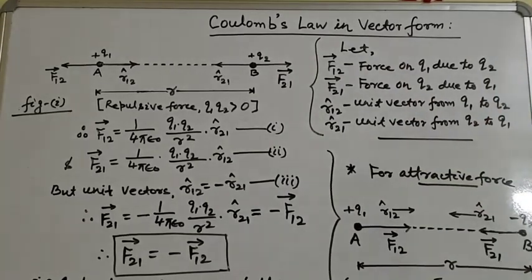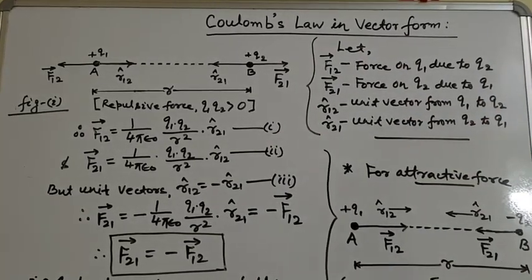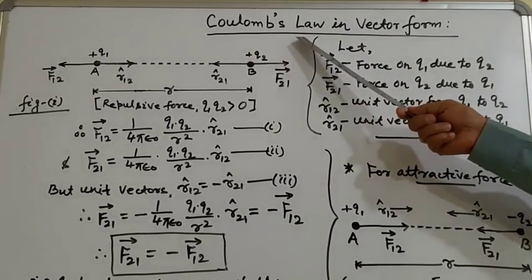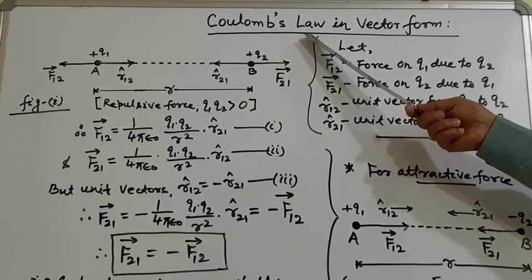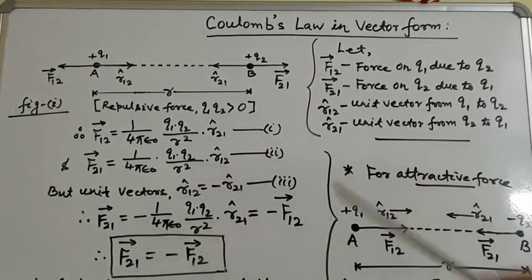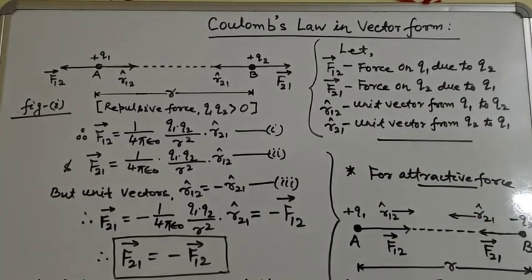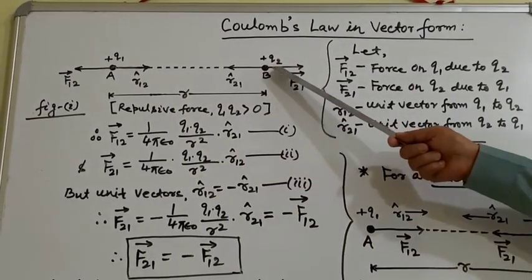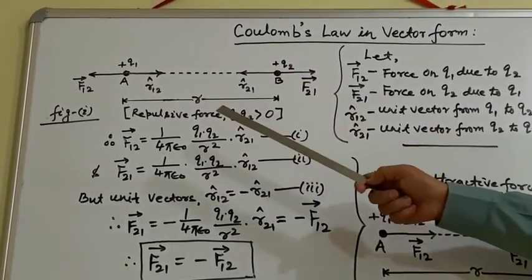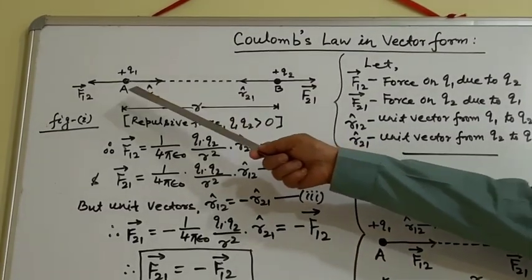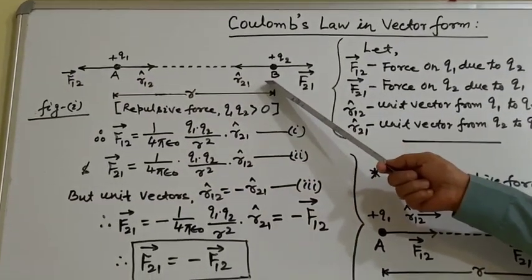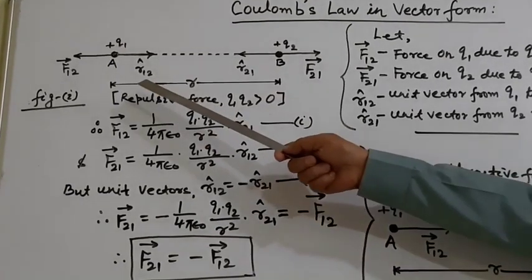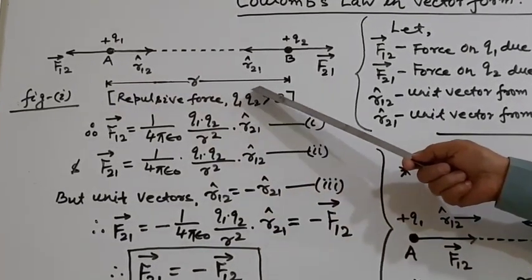Students, we know that force is a vector quantity, so we may write Coulomb's law in vector form also. For this purpose, I have taken two similar charges, plus Q1 and plus Q2, which are placed at points A and B in a vacuum and separated by a distance r.